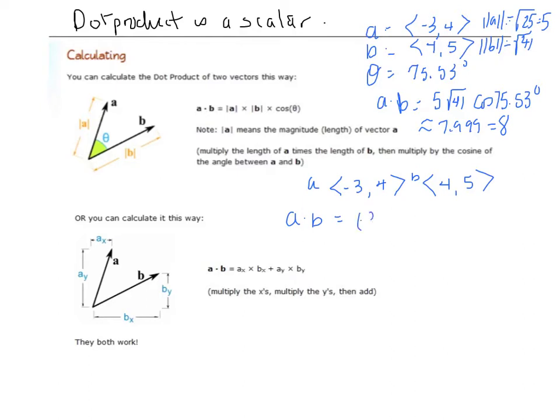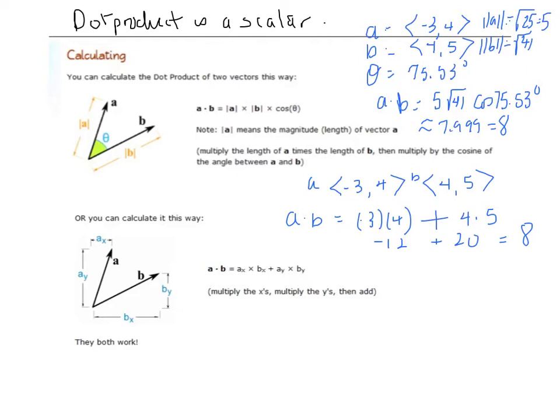So you have negative 3 times 4 plus, and then you multiply the y coordinates together, 4 times 5. So you have negative 12 plus 20, which, guess what, is 8. So whether you use the angle between or the components, that's what it is.